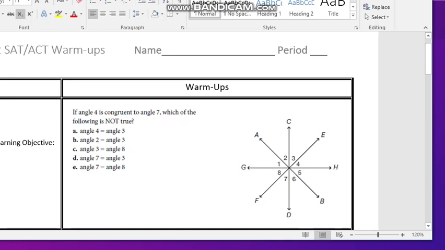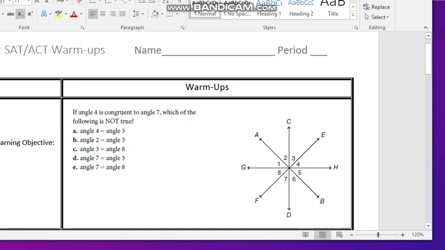So 3 is congruent to 7, 2 is congruent to 6, 1 is congruent to 5, 8 is congruent to 4, and I think I already said 7 is congruent to 3. So we know that these two are congruent, and we know that these two are congruent. So if 4 is congruent to 7 and 3 is congruent to 7, then they're also congruent to each other. So we know that A is true.